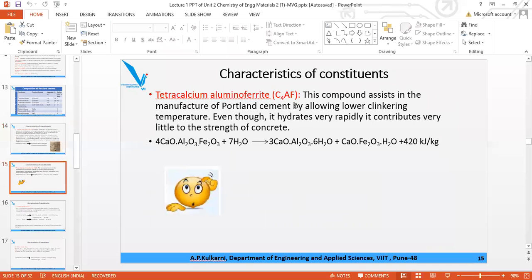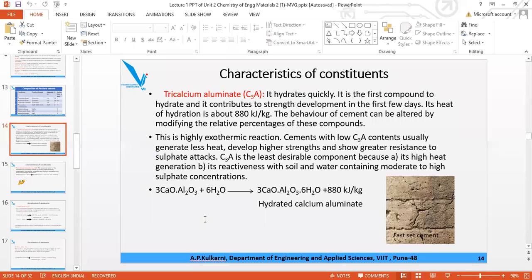Now this is the second constituent, C4AF, tetracalcium aluminoferrite. Okay, here what is the short form of this? C3A. Yes, pay attention. So the same reaction you can write as C3A plus 6H2O giving you C3A·6H2O plus 880 kilojoule per kg. Instead of writing the complete formula, you can write the short form.